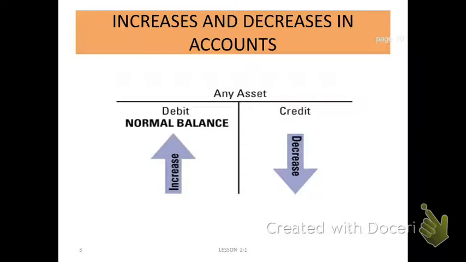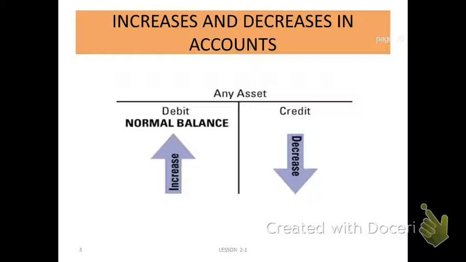So we've learned that there are three classifications of accounts back in Chapter 1. We have assets, liabilities, and owner's equities. So each classification has a different way of how it's represented on a T account. For assets, anything that's listed on the left side of the T account, or the debit side, represents an increase to the account.